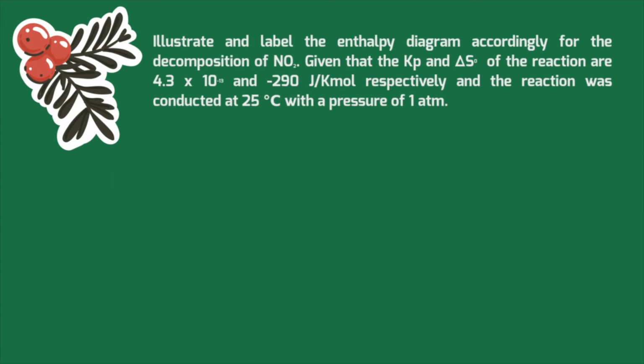Alright, so from the calculation we already know your delta H is equivalent to negative 1.56969 times 10 to the power of 5, which is an exothermic process. So you shall be able to illustrate the enthalpy diagram.